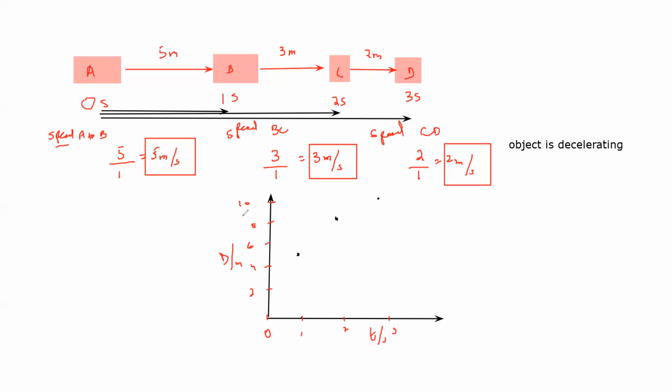So when we join these points, how does it appear? It appears that the angle is decreasing, or the steepness of the line is decreasing. So whenever an object is decelerating, or speed decreases, this is how the graph will appear. Is it clear? The deceleration.